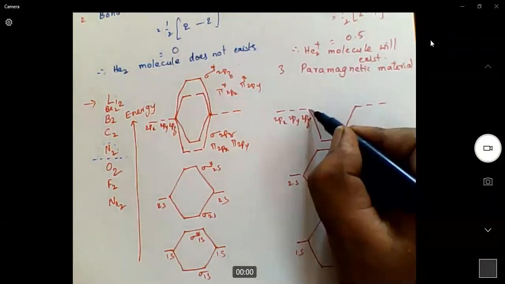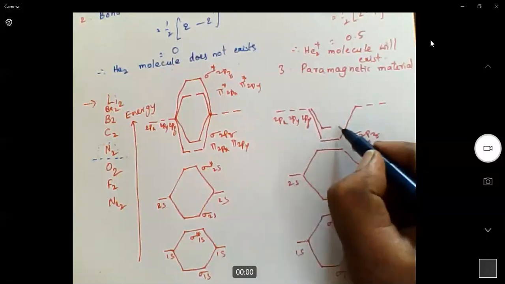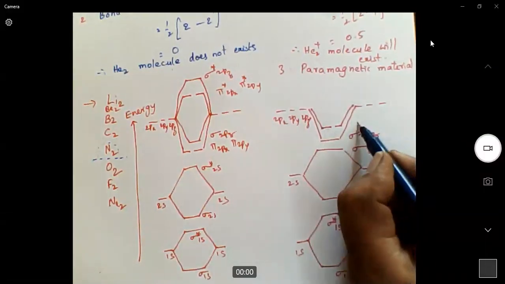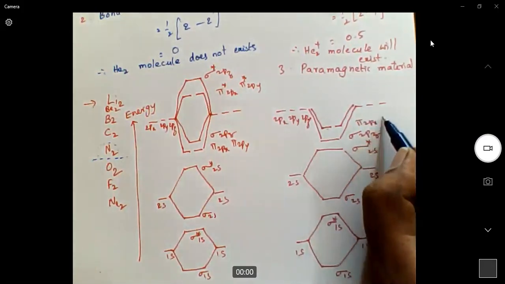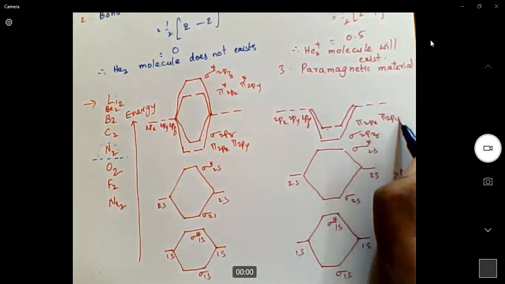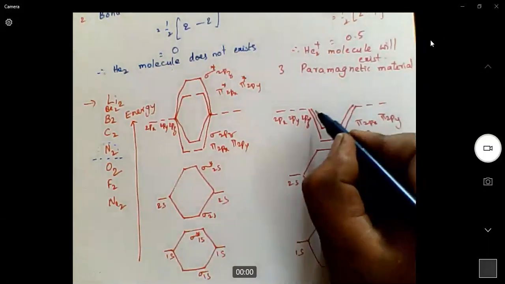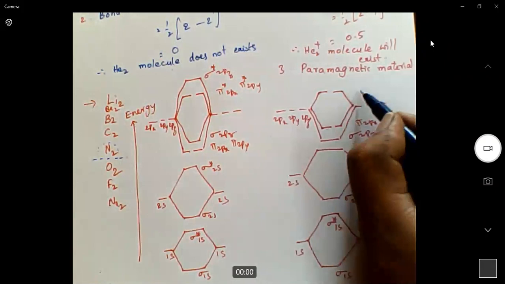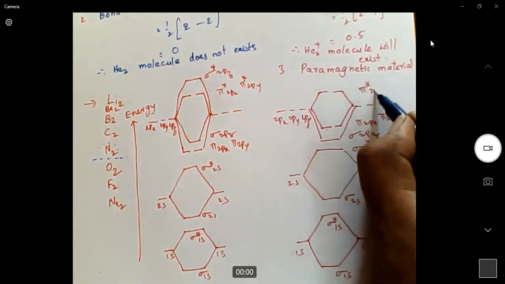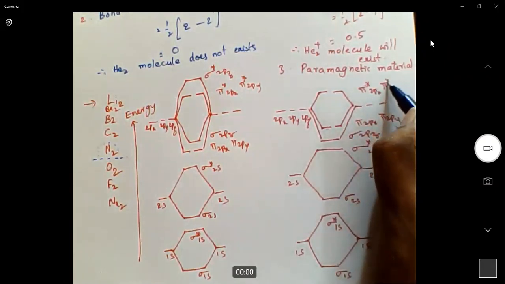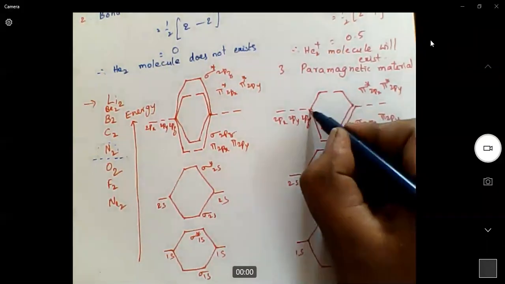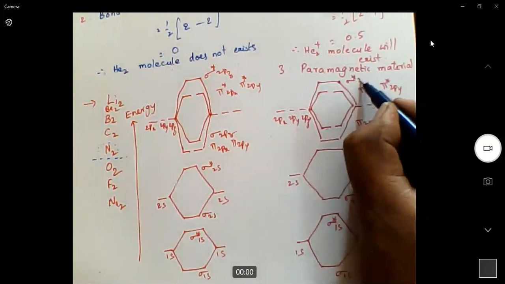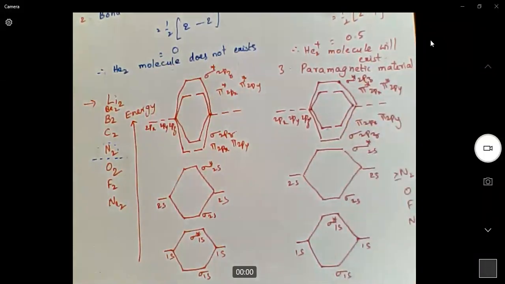Then next are the pi orbitals. We have two pi orbitals. That is why I'm writing two orbitals. Pi 2px, pi 2py. These two orbitals have the same energy. This is pi star 2px, pi star 2py, then sigma star 2pz.